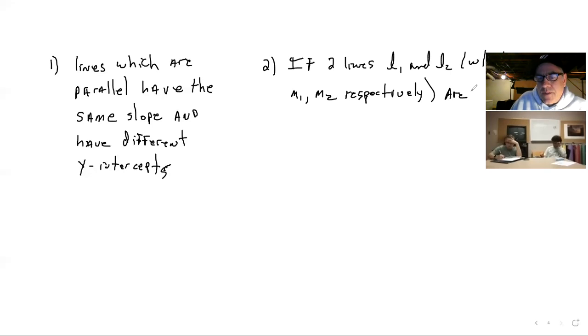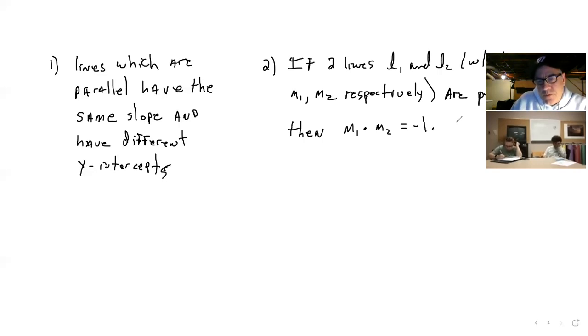If these two lines are perpendicular, so they intersect each other at right angles, then M sub 1 times M sub 2 equals -1. The product of the slopes, if they're perpendicular, would be -1.